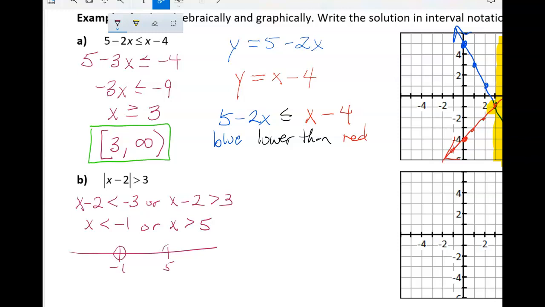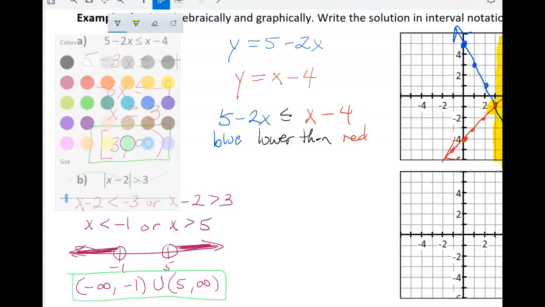If we were to graph this on a number line, it's going to give us open circles on negative 1 and 5 and shading to the left and to the right. Interval notation would be the interval from negative infinity to negative 1, union interval from 5 to infinity. So there's our solution algebraically.